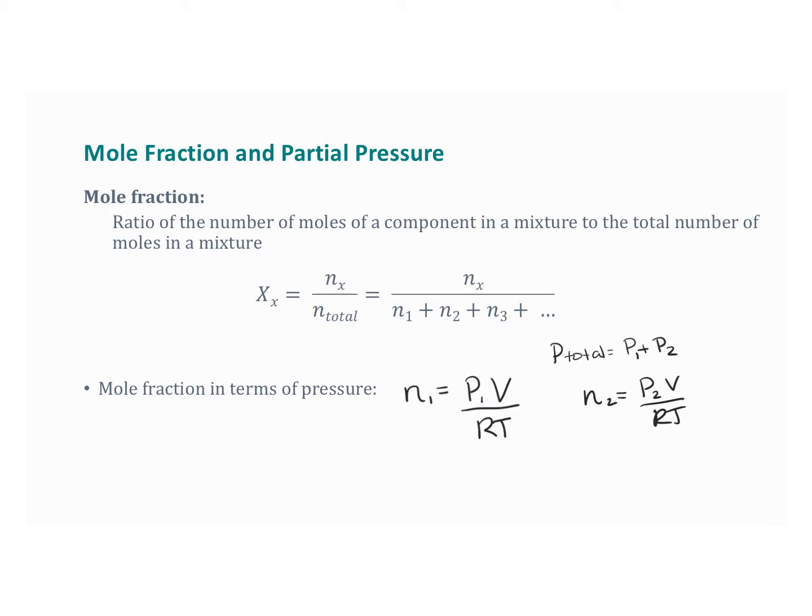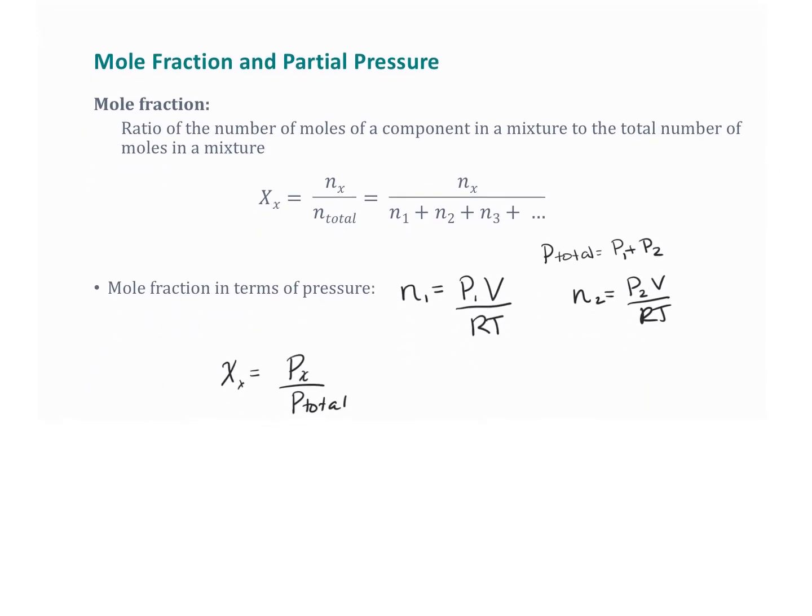By substitution, then, when we're looking at the partial pressure, we can say the pressure of X over the pressure total, okay? Just kind of like we did for the number of moles, right? We can come here and we can come here because these two are proportional to each other.